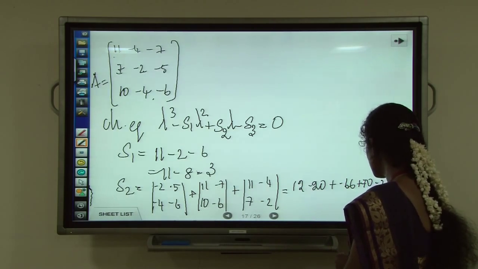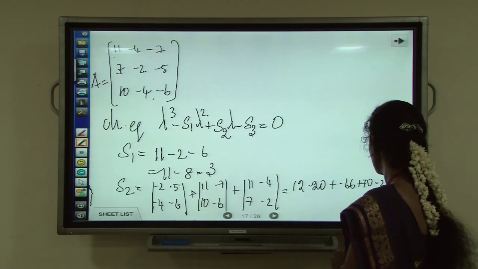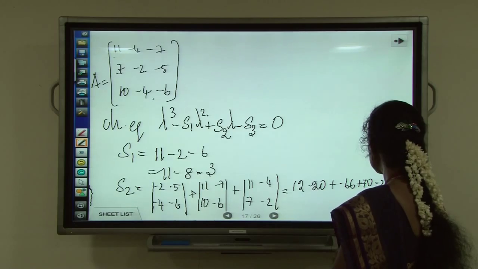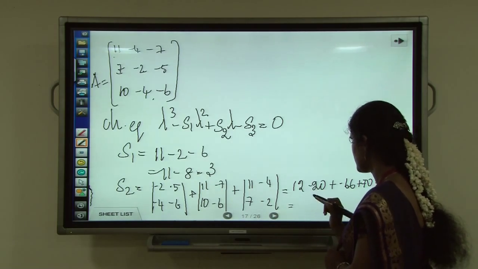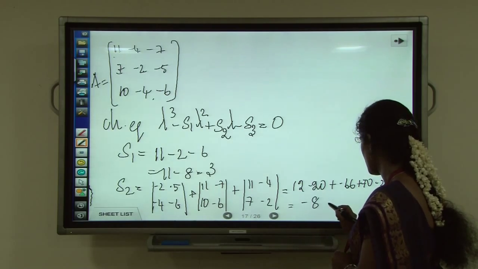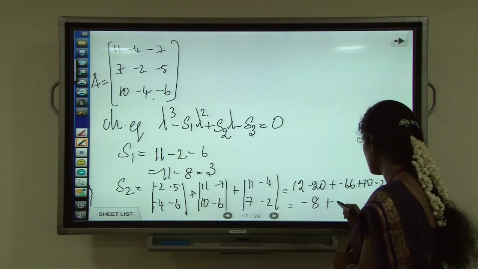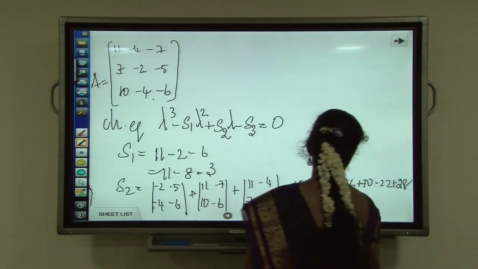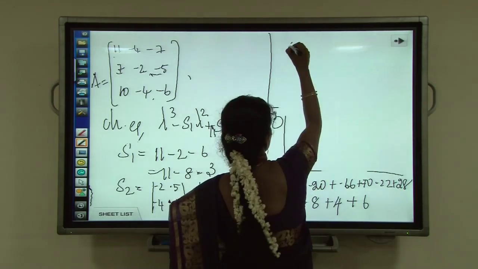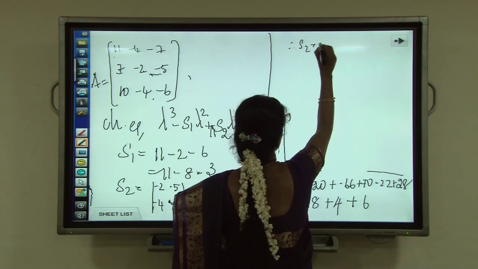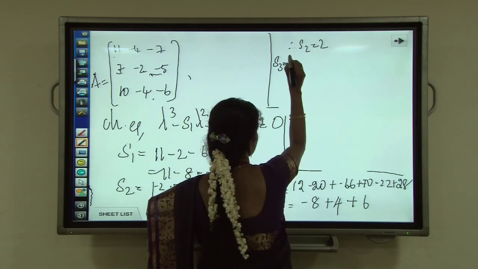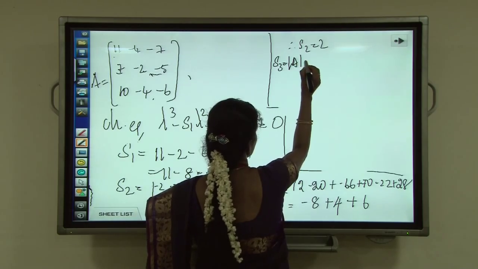Then minus 22 plus 28. Summing this up, you get minus 8 plus 4, plus 6. So what is S2? S2 is 2.